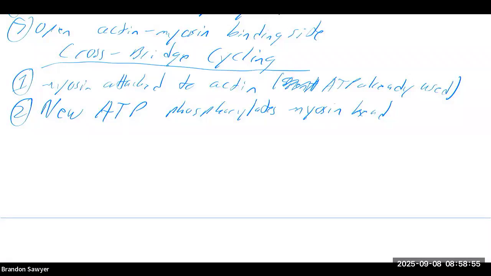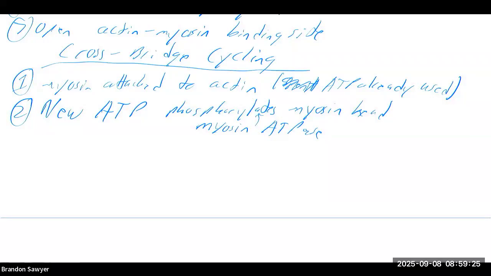It's an ATPase, myosin ATPase. It breaks down that ATP, takes that phosphate and lets it bind to the myosin head. And just like the calcium changed the shape of troponin, the phosphate is going to change the shape of the myosin head. This is a pretty big movement in molecular terms. It moves the myosin head quite a bit.